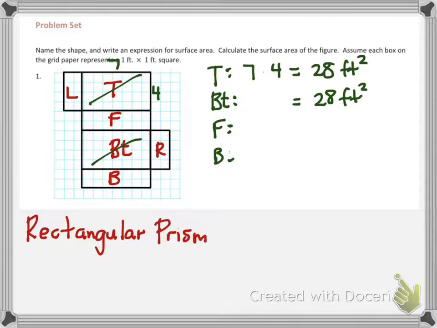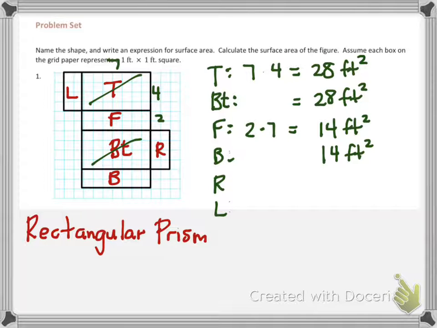And let's see, the front is a 2 by 7. So this is 2 times 7. That's 14 square feet. And so is the back, so also 14 square feet. And then the right side and the left side. The right side and the left side is a 2 by 4.